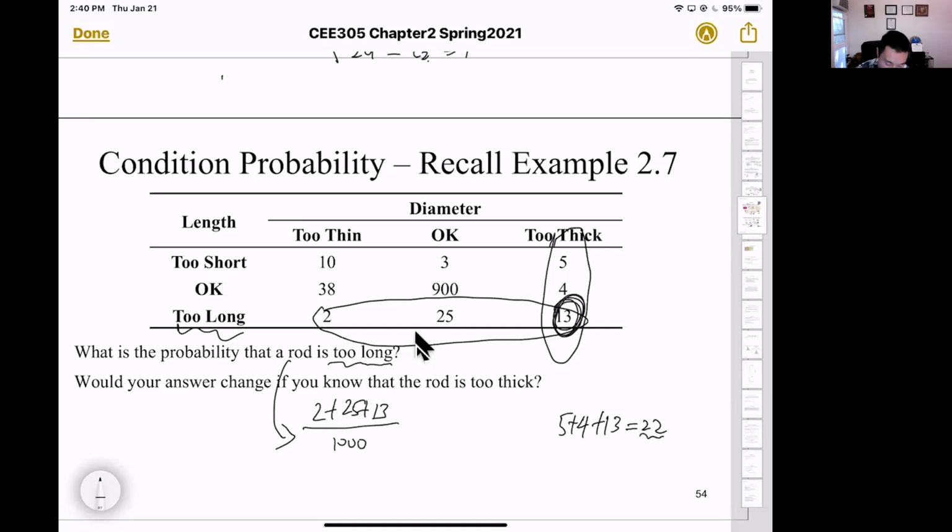So the probability will be equal to 13 over 22. That is an example of so-called conditional probability. The condition is it is too thick. So under that condition, what is the probability it is too long?